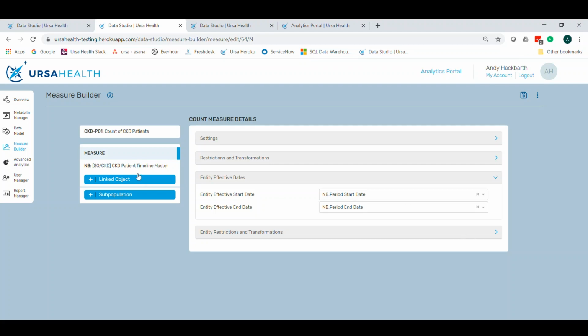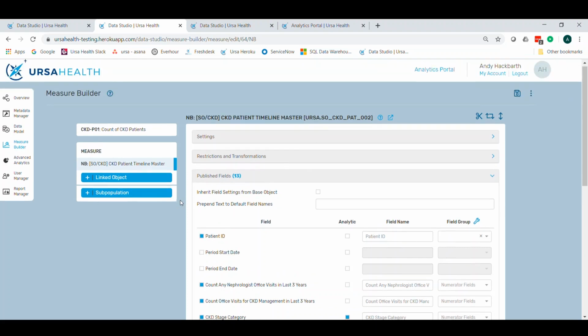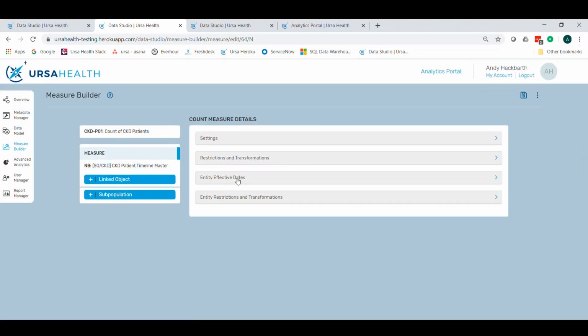The same idea. You just need to tell URSA which fields are capturing the beginning and the end of each record's covered period. And okay, I think that's it.